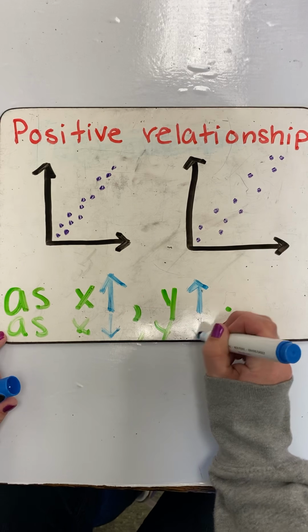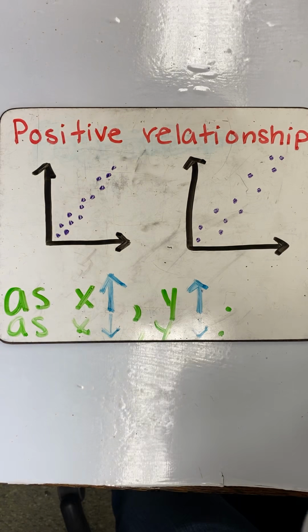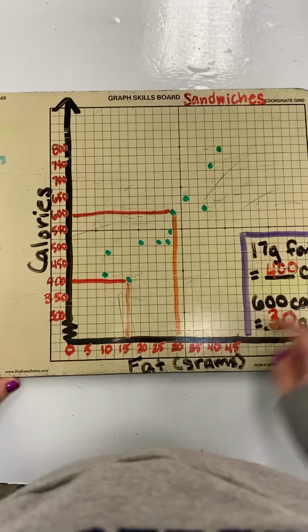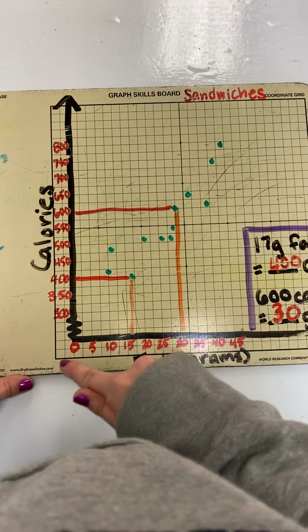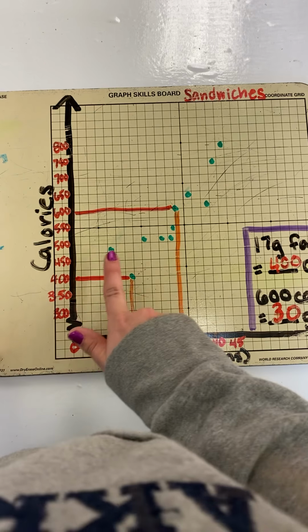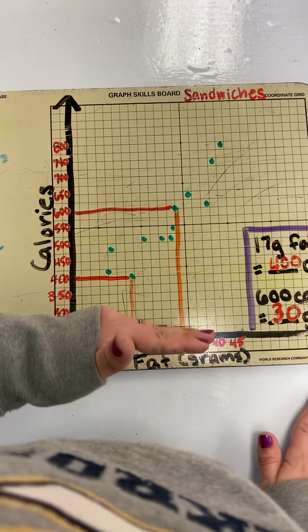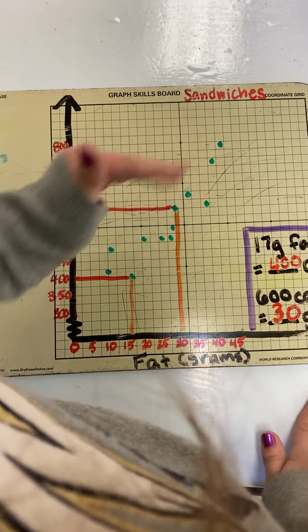So let's look at that graph one more time. In this case, we know our X is on this axis right here. As these dots increase from left to right, we're also increasing upwards.